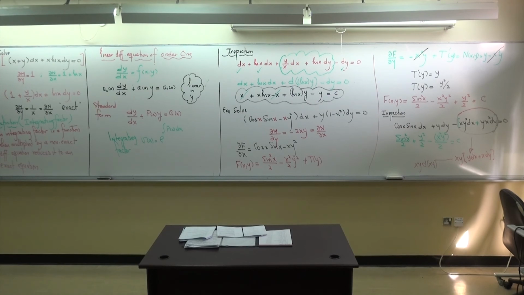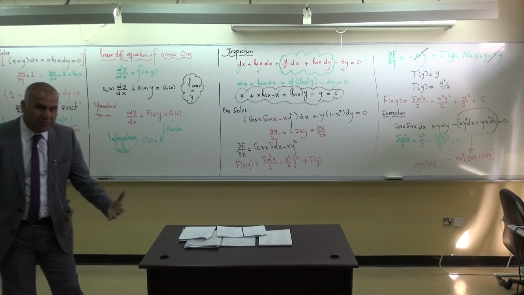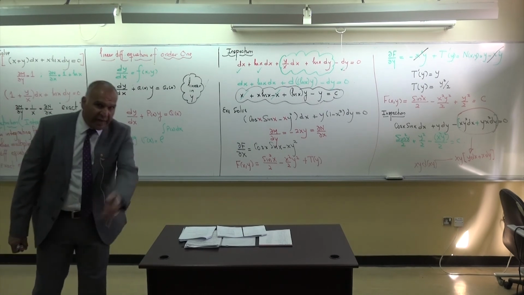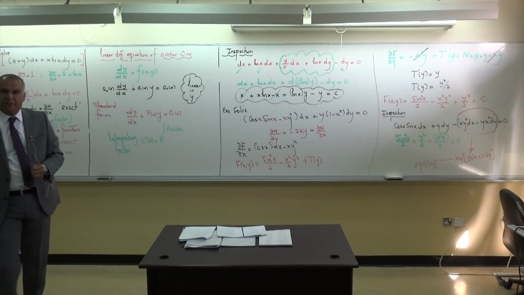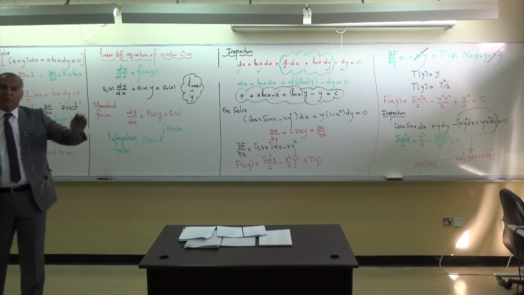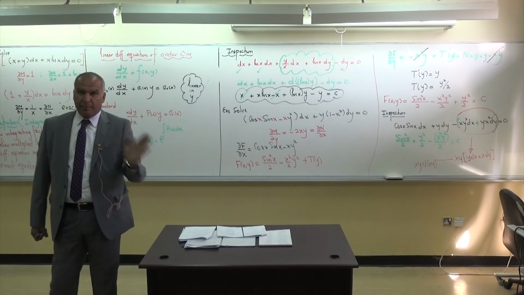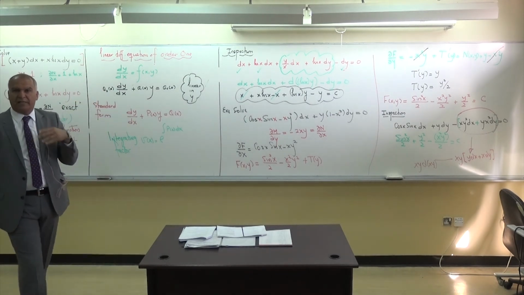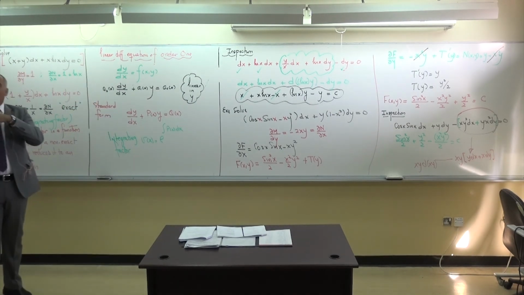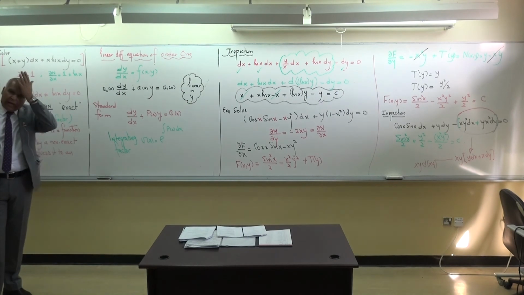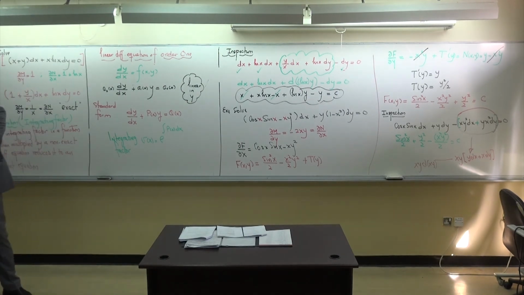Okay, every homogeneous exercise we converted to what? Separation of variables by substitution. Every exercise which is linear we convert to exact by finding, of course, an integrating factor. You don't have to really sit and worry about finding an integrating factor.